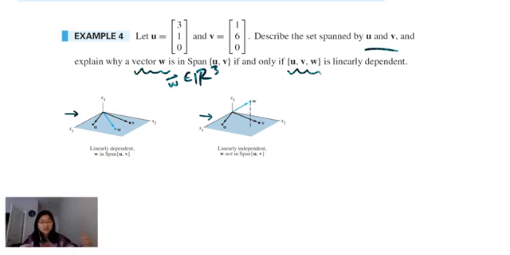If you can get w from a linear combination of u and v. The only way for w to be in this flat space is if we can get to w by some linear combination of weighted vectors u and v.